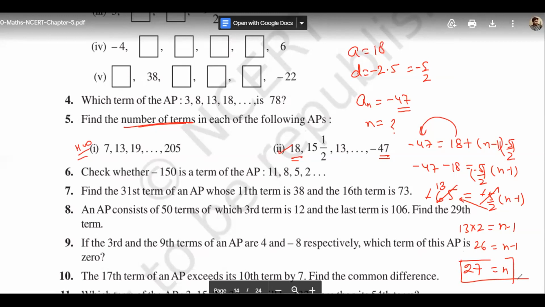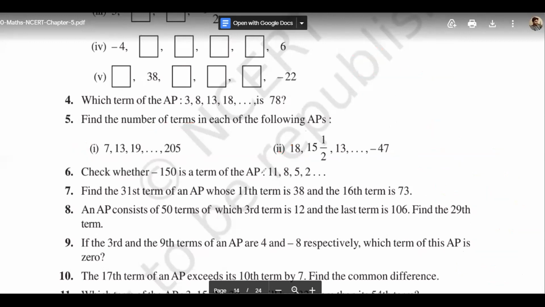So moving to the next one, it is being asked to check whether this is a term of this AP or not. This is an important question. So minus 150. So we know that if the value of n, for example, in this, if I'm writing this one, this is 2, then I'm writing here 4, then I'm writing here 6, and so on, I have reached 49.